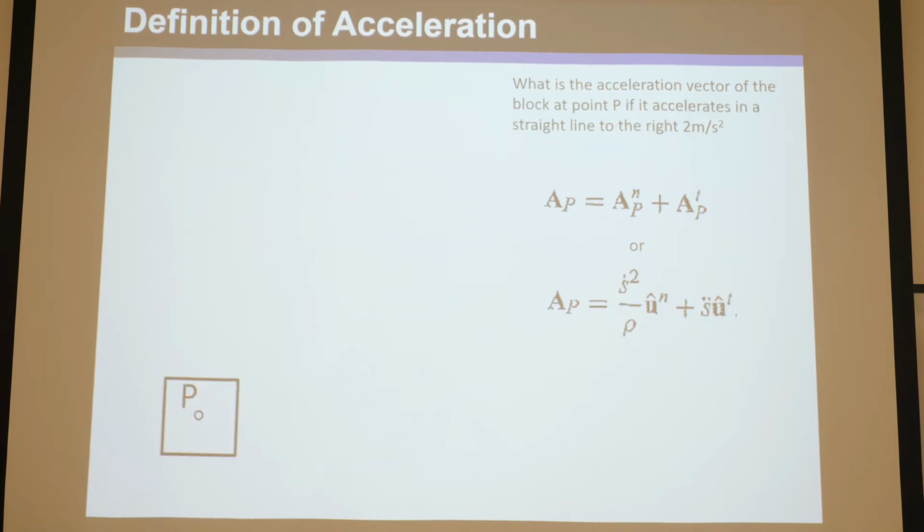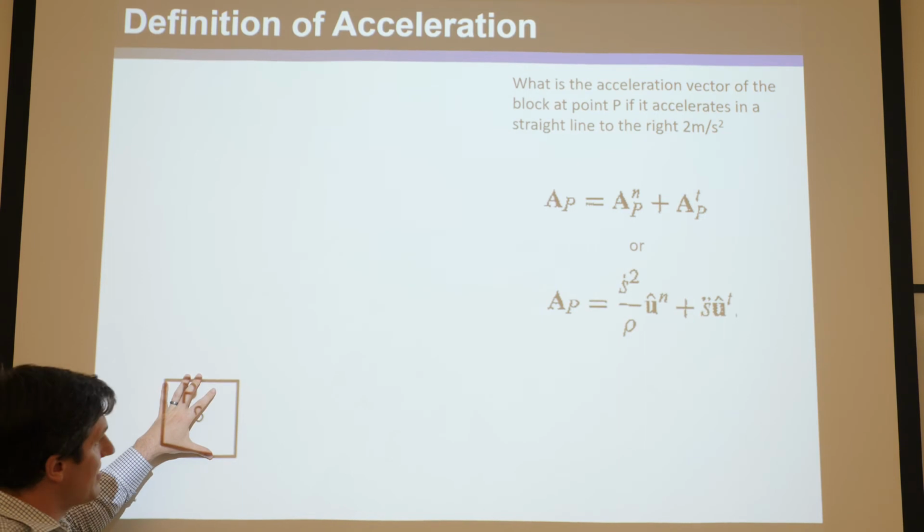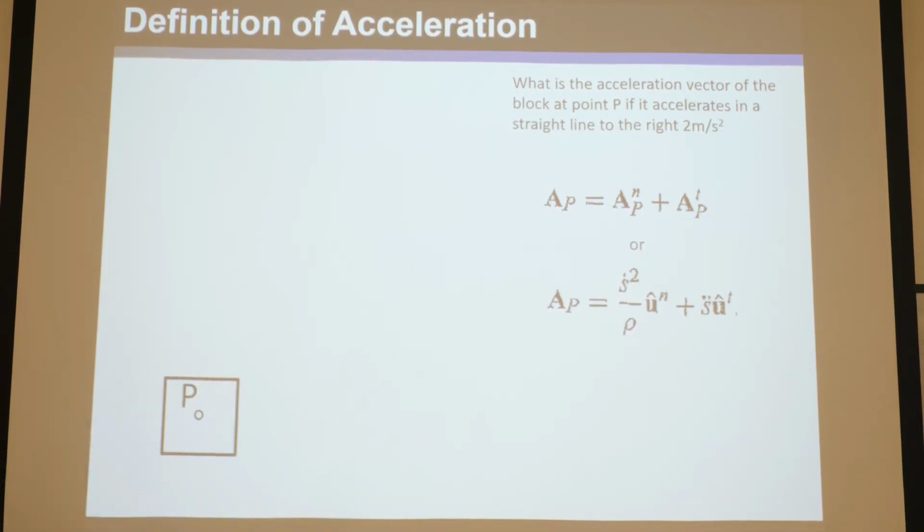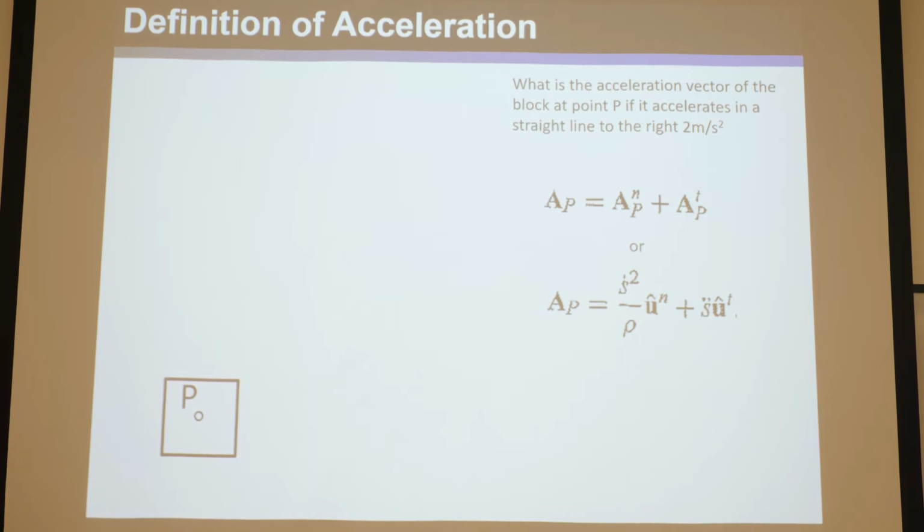So what about this example? What is the acceleration vector of the block at point P if it accelerates in a straight line to the right, getting faster and faster, with an acceleration of 2 meters per second squared? You could say, wait a minute, you didn't tell me what the speed is at this instant.